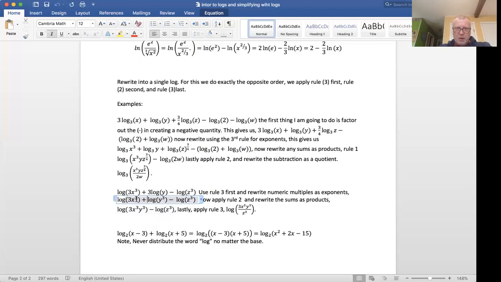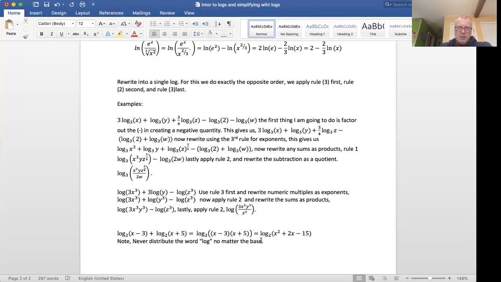We're going to multiply the 3x cubed and the y cubed together, still minus the log of z cubed. And then finally, apply rule 2. We take the quotient, numerator argument divided by denominator argument, positive argument divided by negative argument, with one single log.